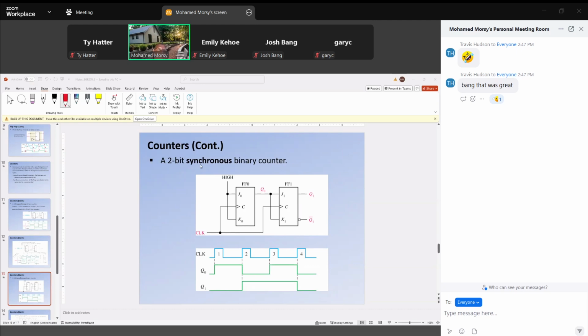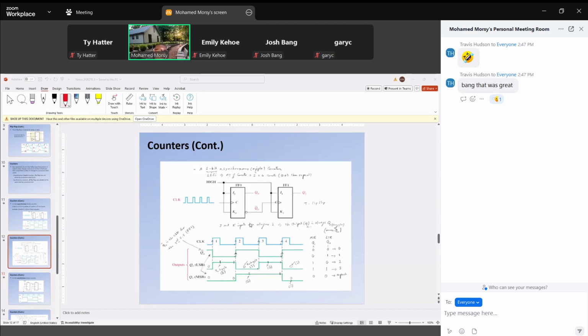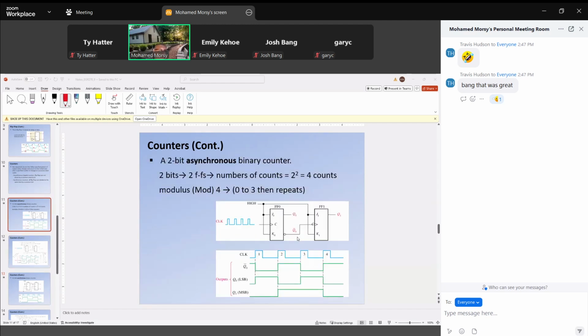So this is called the synchronous counter. But our case here is asynchronous because CLK is applied to the first one, but the second flip-flop takes the clock from Q0 inverted, not from CLK. So this is called asynchronous.